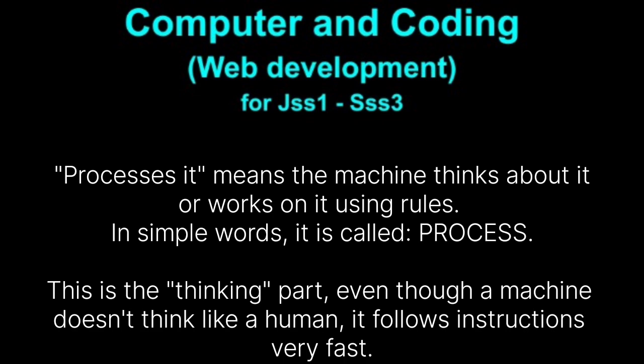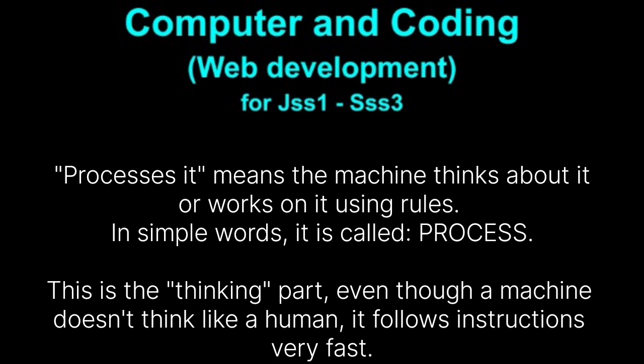Processing it, as we said, means that the machine is thinking or working on that particular input that you have inputted into it. Remember when your parent sent you on an errand, and you are not fast enough, your parents will call you and ask, are you done with it? What do you say in return?